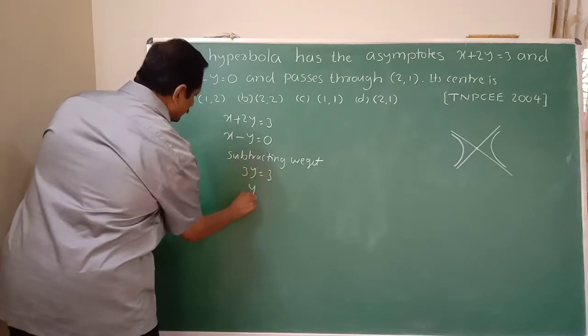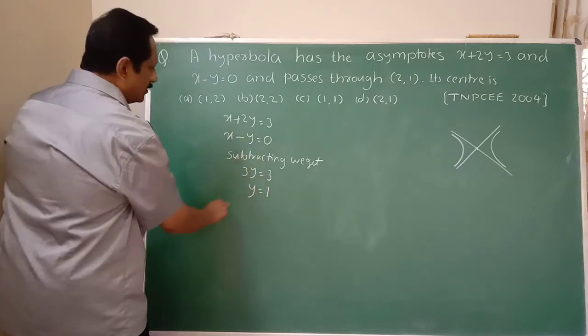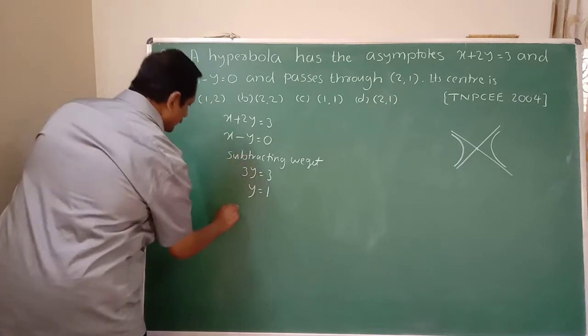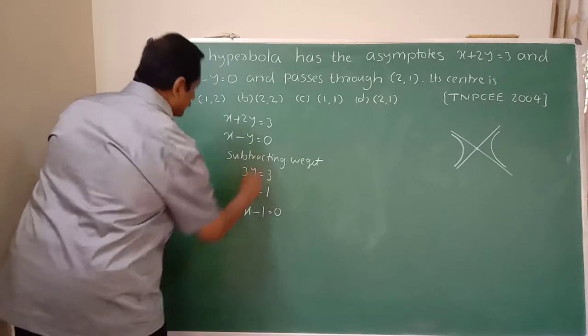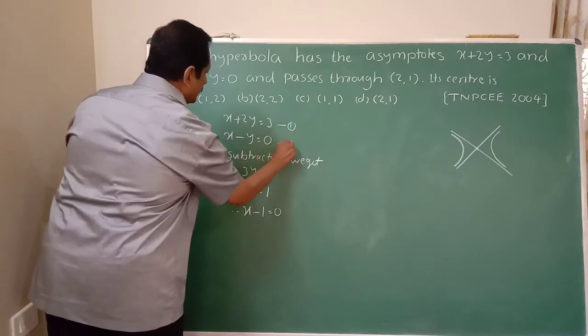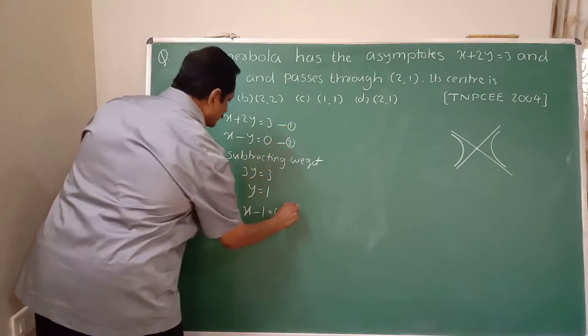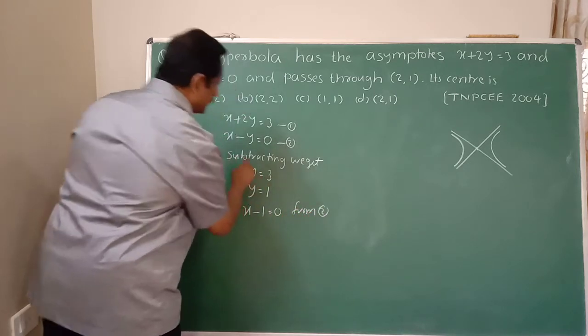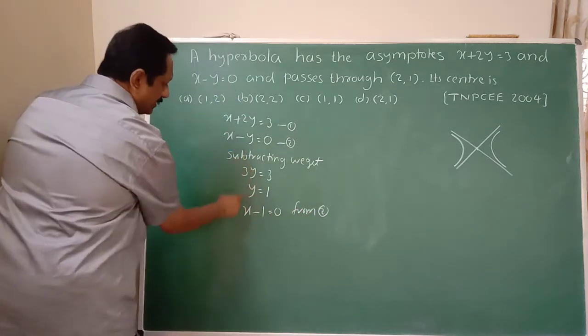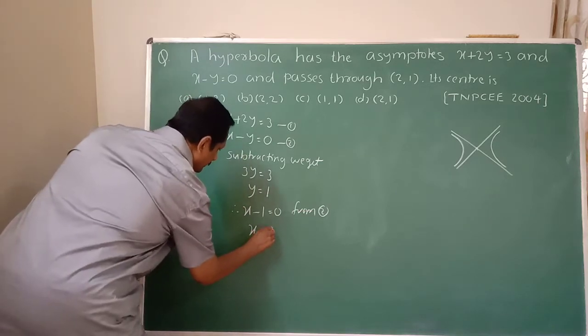So y is equal to 1. Take these as equation number 1 and equation number 2. From equation 2, put y equal to 1, so x minus 1 is equal to 0. So x is equal to 1.